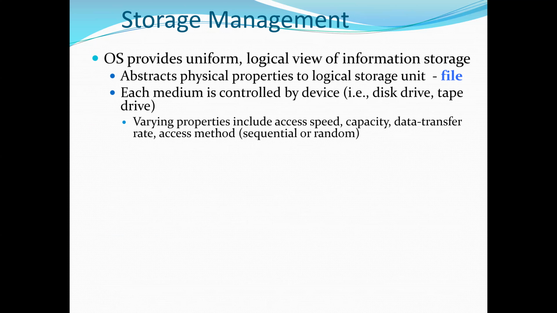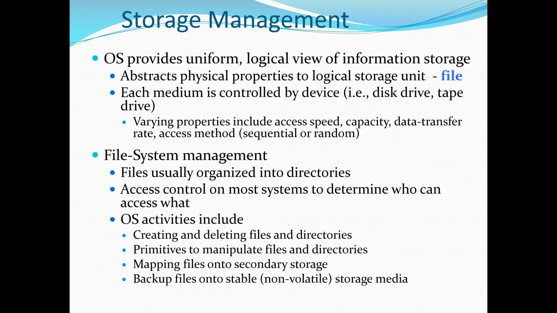So if it's a hard drive, I may have a disk drive or a tape drive, etc. The varying properties include the access speed. For example, we know the tape drive access speed will be very slow compared to hard drives. So the speed, the capacity, and also the data transfer rate.